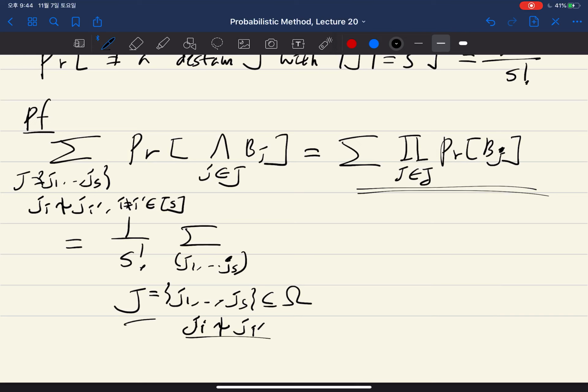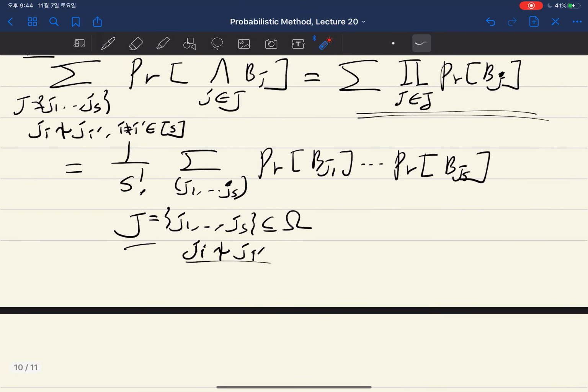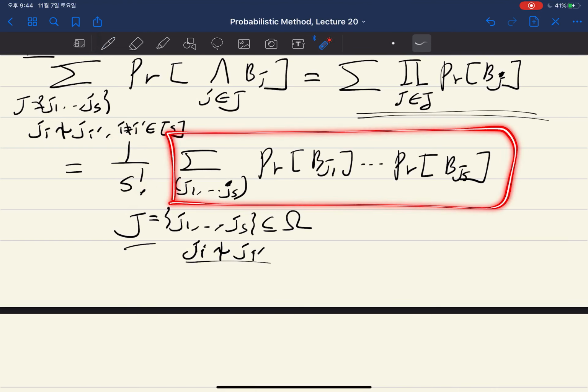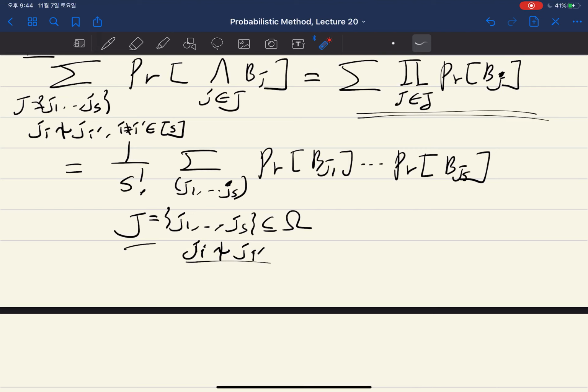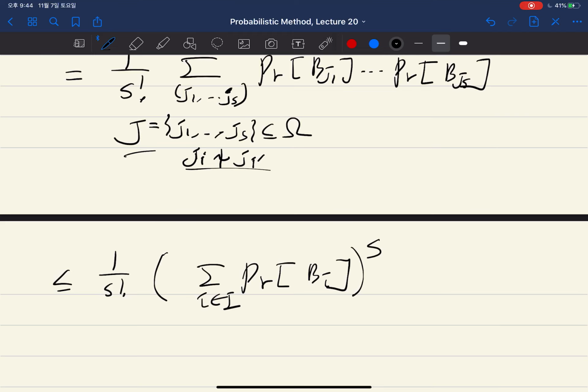The same J is counted S factorial times. And you multiply them in this way, and you have 1 over S factorial. But what about this term? This term is just upper bounded by taking all the probability sum and taking the S-th power.